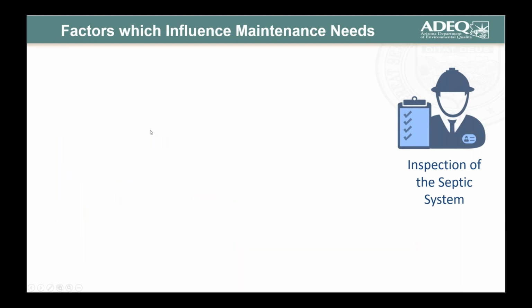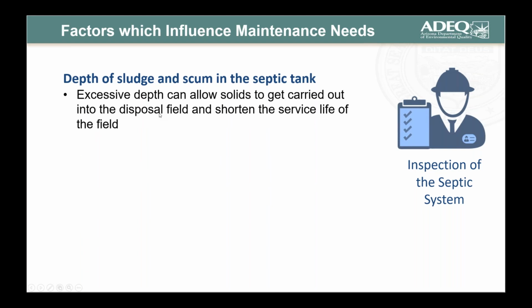Now let's consider some other factors that influence the maintenance needs besides the ones we just looked at. We also need to look at the depth of sludge and the depth of scum in the septic tank. An excessive depth of sludge or scum can allow these solids to get carried over into the disposal field and ultimately shorten the service life of that field.